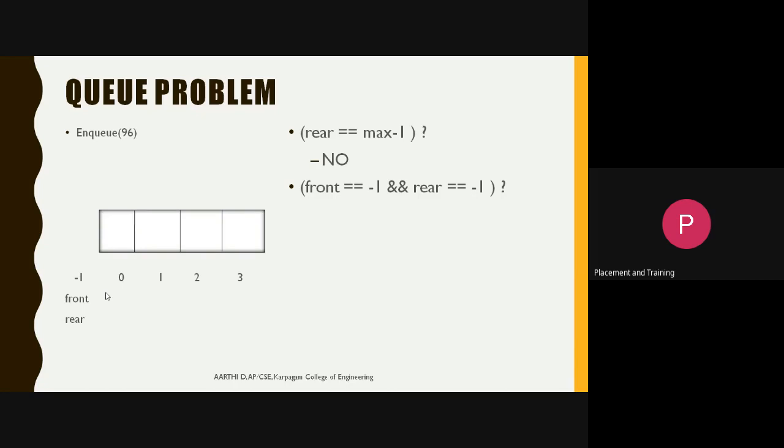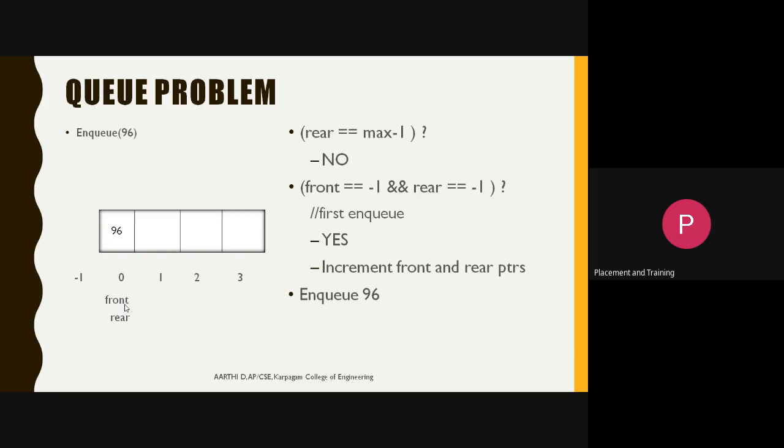So in order to assure that, I'm checking whether front and rear are at -1. This means this is my first element in the queue, so I'm incrementing both front and rear once, from -1 to 0, and 96 gets added.